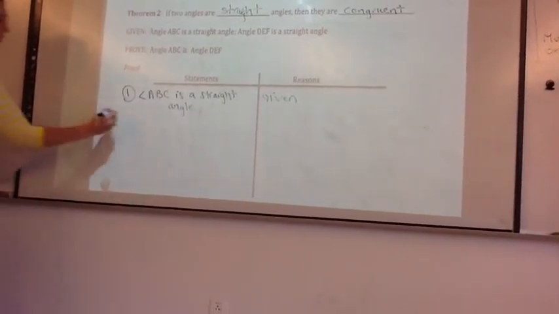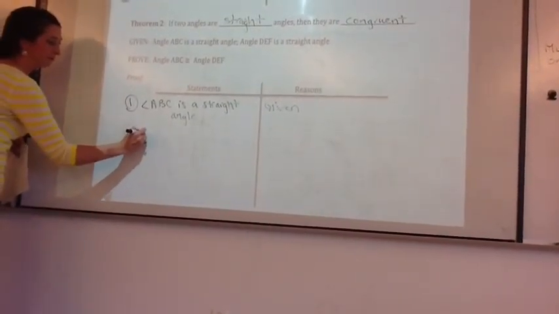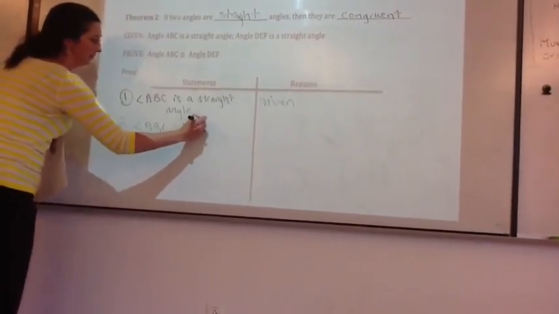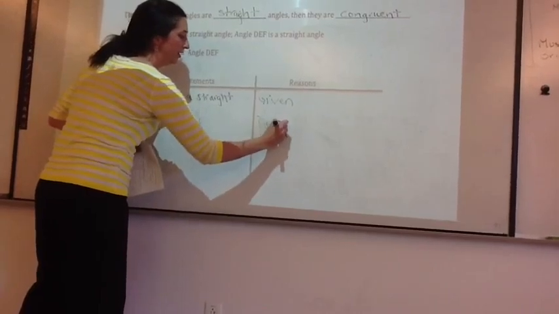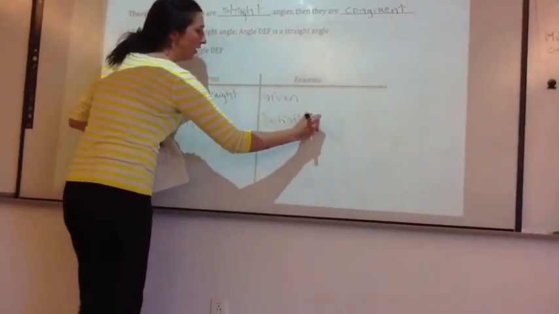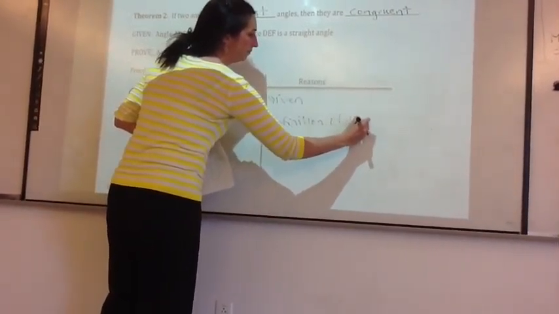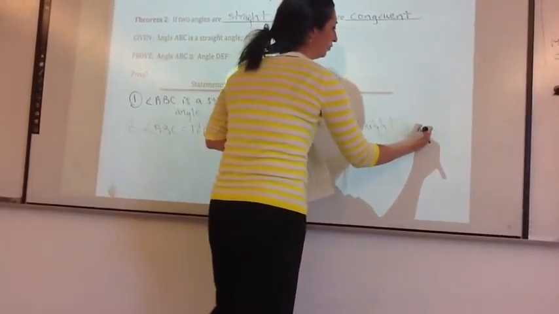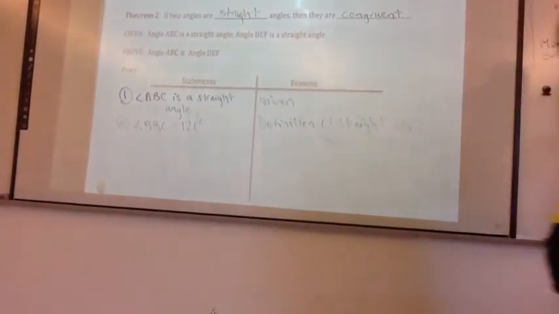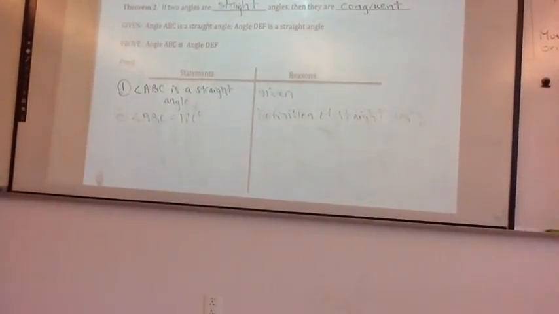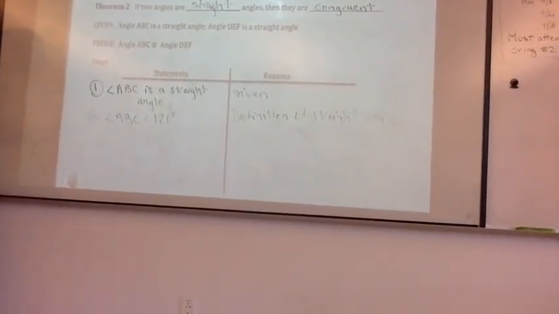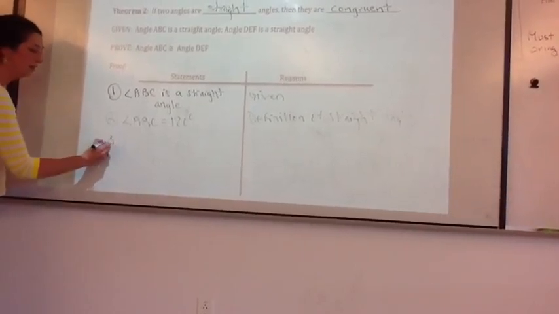Angle ABC is 180 degrees, and we know this because it's the definition of it. You got it. Definition of a straight angle. So we know ABC is straight. It's 180 degrees. Who's got statement 3?